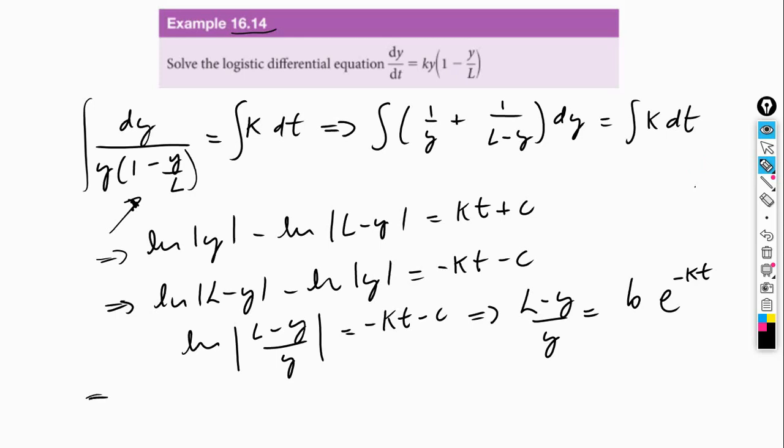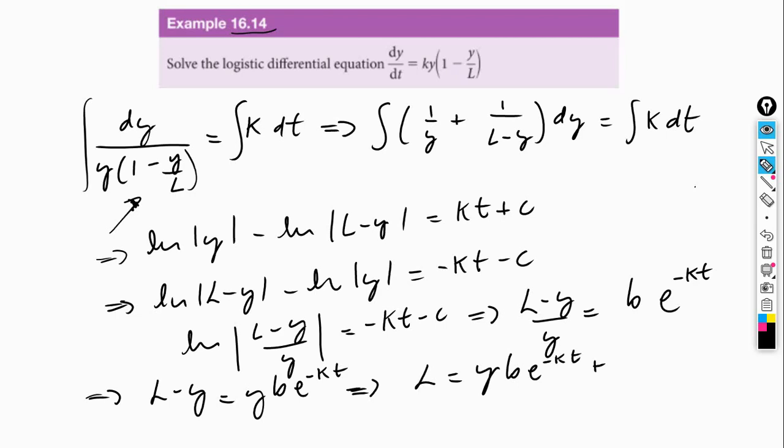Rearranging again, we would get L minus y is equal to y times B times Euler's number to the minus kt. And then we can rewrite this as L equals y times B times e to the minus kt plus y.